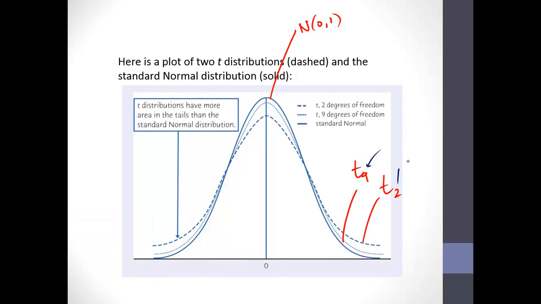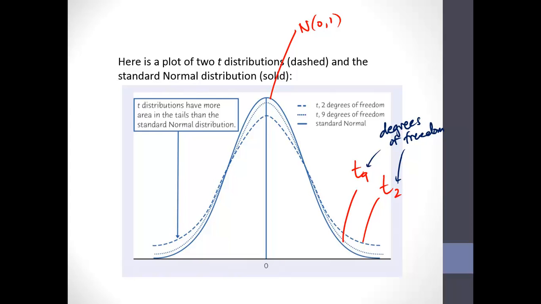The 2 and the 9 refer to the degrees of freedom. Don't worry too much about what degrees of freedom means, but that's some new terminology we'll have to be using here.